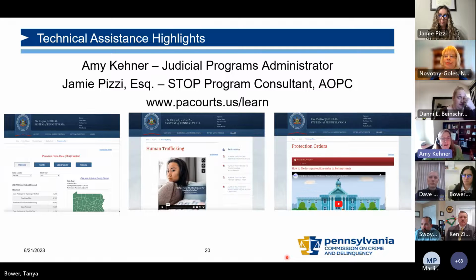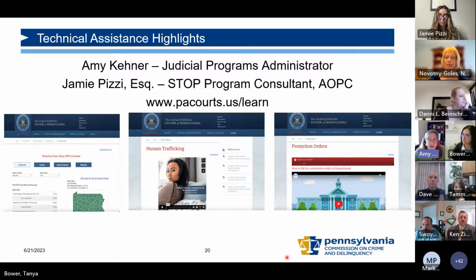So we are highlighting 3 parts from our pacourts.us website. The first one on the far left is in our data dashboards, and we provide data dashboards on protection from abuse caseload by the state, statewide, county, divided by class of county.